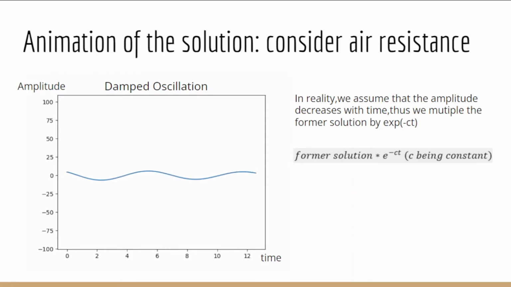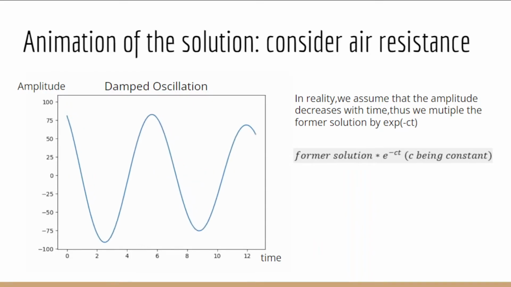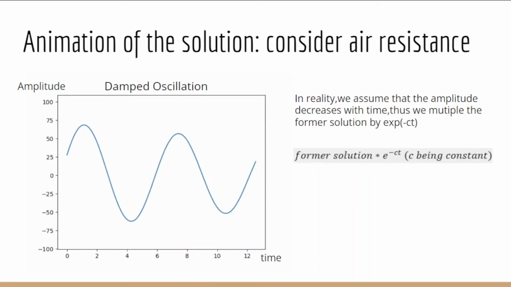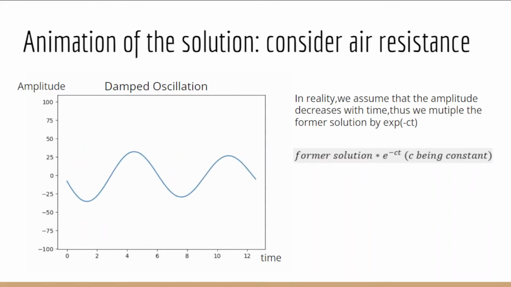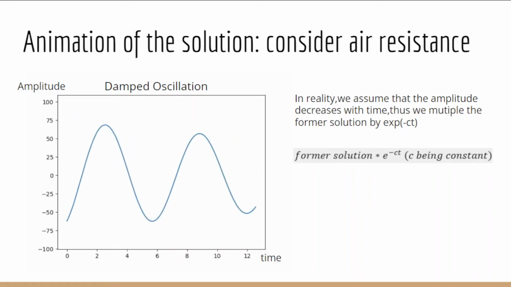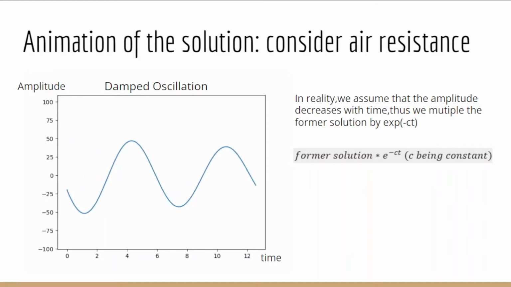Next we have to discuss if we consider air resistance. For a pendulum in reality, the amplitude will decrease with time. So we assume that the formula solution needs to be multiplied by exponential minus ct, with c being a constant, and it will be like damped oscillations.